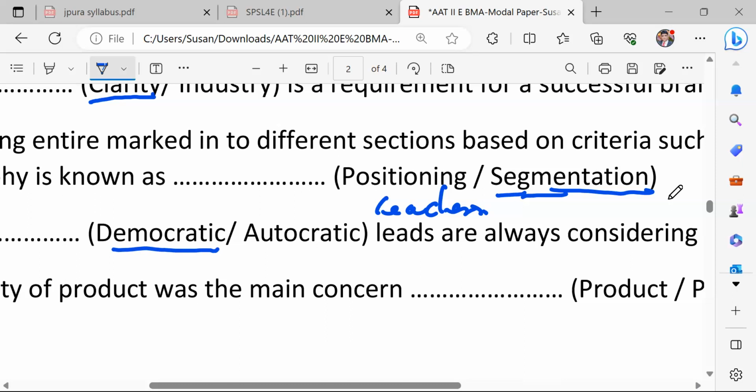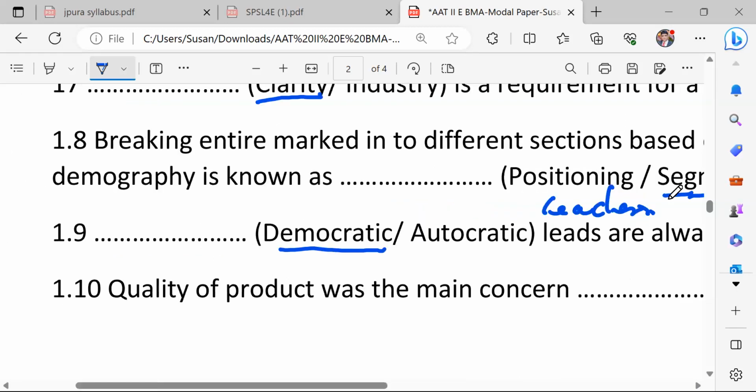Autocratic leaders implement their decisions without any consideration of team members. Their expectation is that all team members obey them. Hitler and Mussolini are autocratic. Mahatma Gandhi, Mother Teresa, and Diana we can consider as democratic leaders. Now you have to understand the types of leadership.